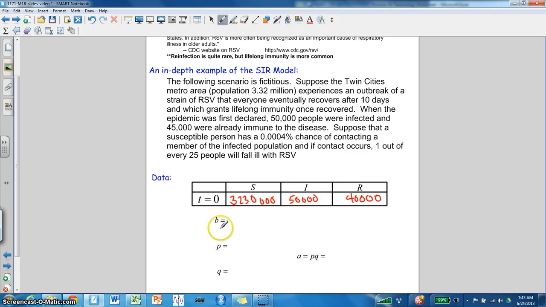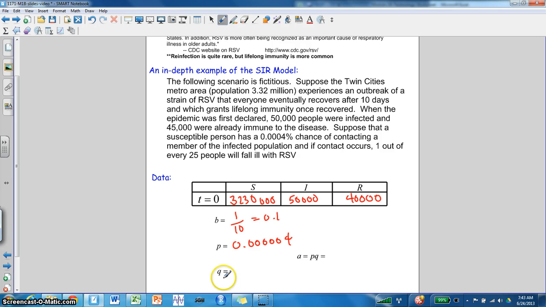Okay. B, the recovery coefficient, remember that was 1 over k, and k was the number of days it takes to recover from the disease, and it says that everybody recovers after 10 days, so B is 1/10, or writing that as a decimal, 0.1. P, the probability of coming in contact with a member of the infected population, as a decimal is 0.00 and then 2 more, 4.